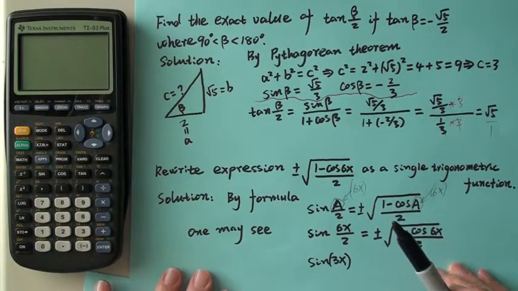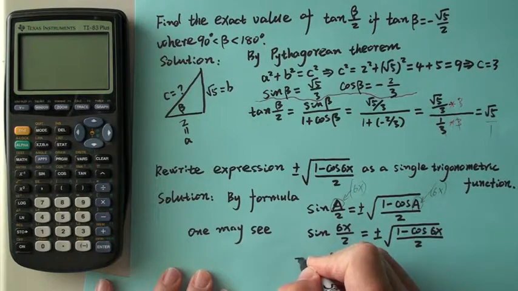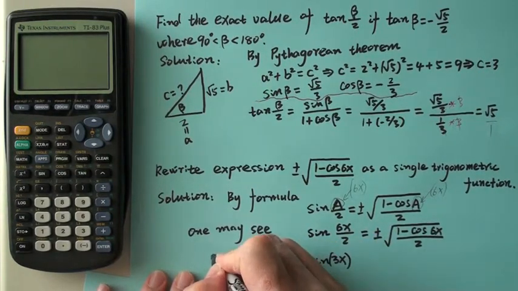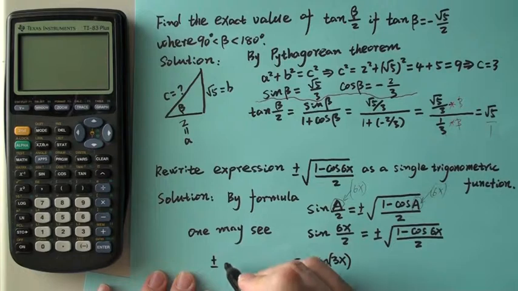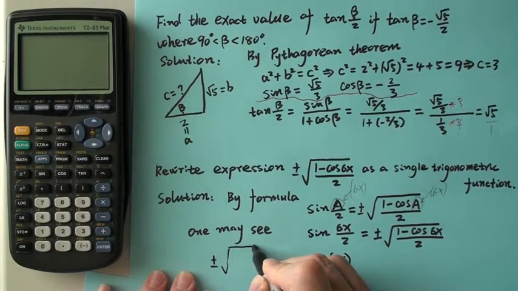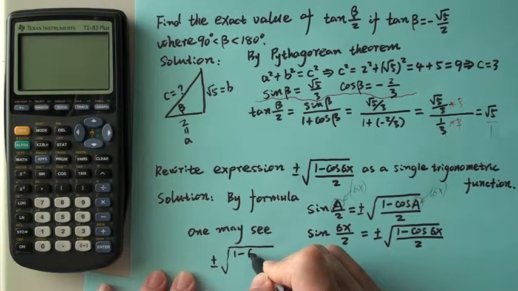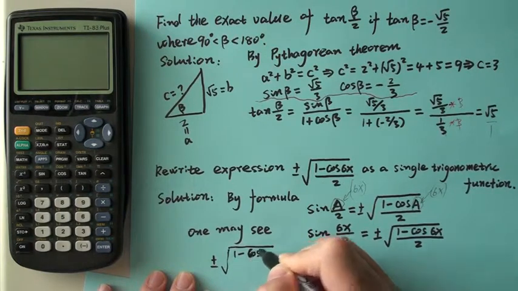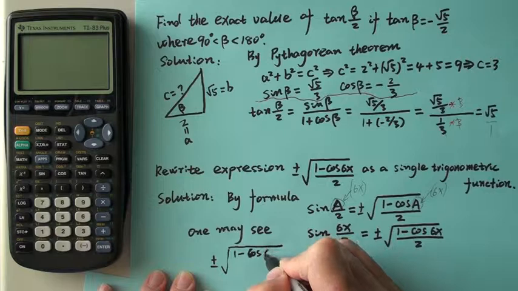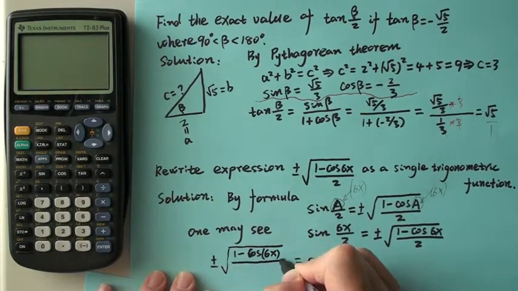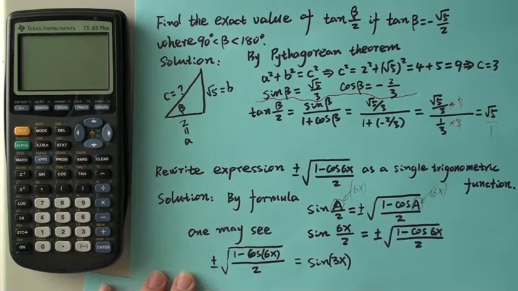So you then have plus or minus radical of 1 minus cosine 6x divided by 2 is just sine 3x.